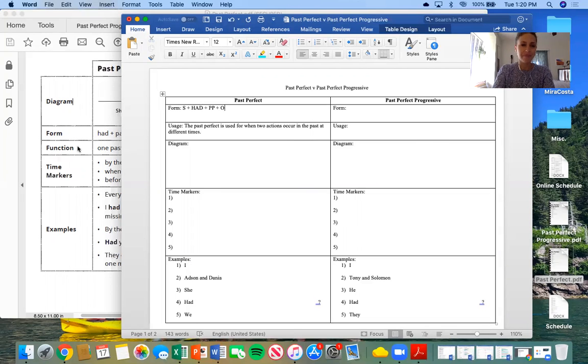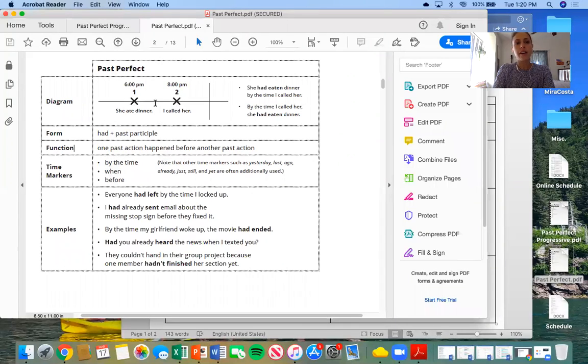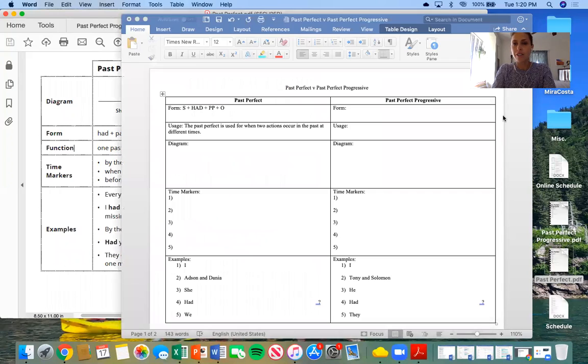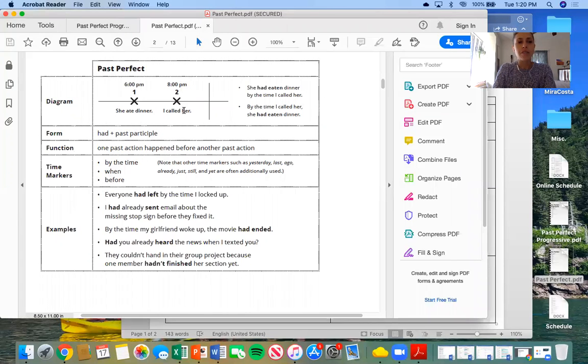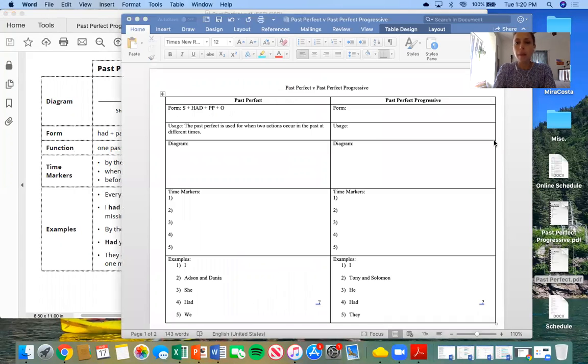Okay. So we see our diagram right here. You guys can add that into your notes, or we can copy and paste it into your worksheet here. I'm not going to try to do that because I'm worried that I'm going to mess up and it'll take too much time. So let's just make sure that we get this diagram somehow into your notes or onto your online worksheet.